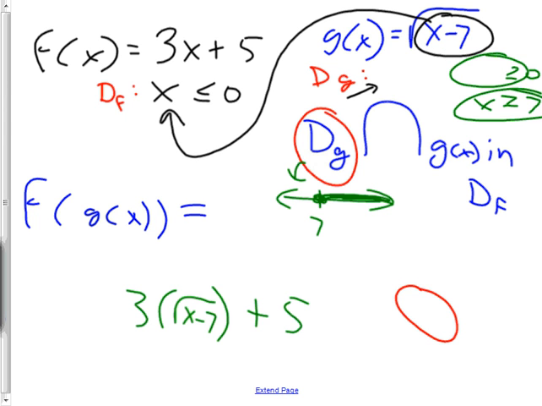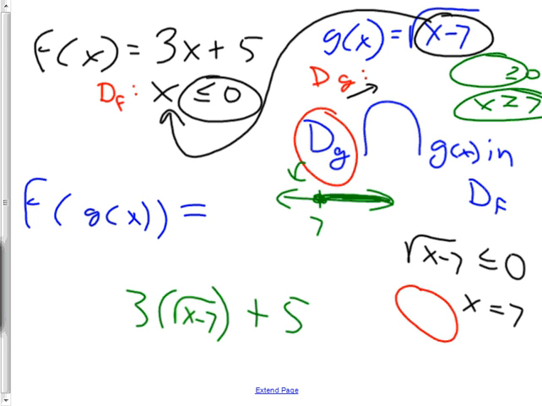So I have to say square root of x minus 7 is less than or equal to 0. Now, can you ever have a square root come out less than 0? No. So then the only thing I'm really looking for is where it equals 0, right? So then what's my answer? X equals 7 is the only thing that will work.